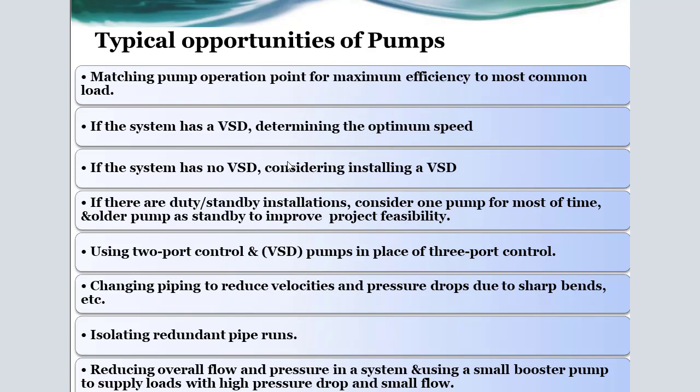So in this case, changing the piping system can reduce the velocity and the pressure drops due to sharp bends or valve locations and so on. And also checking for isolating redundant pipe runs, and reducing the overall flow and the pressure in the system by using a small booster pump.